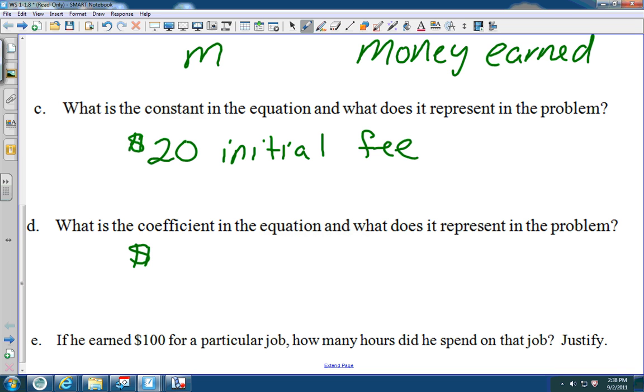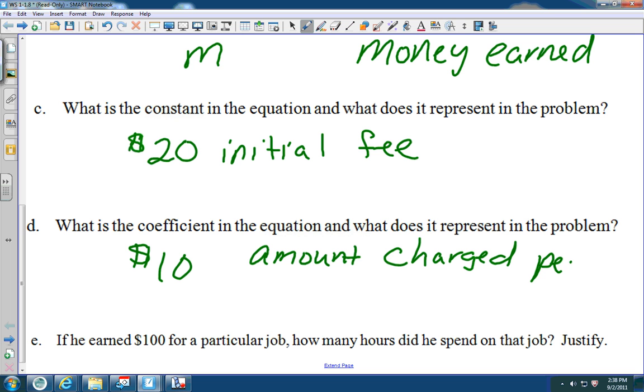Coefficient, the coefficient was $10. See, constant and coefficient, those are not words, those are actual numbers. And when it says what does it represent, this is the amount charged per hour. I'm using per or each when I'm describing it.